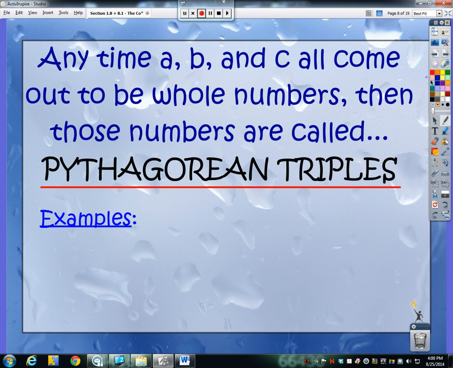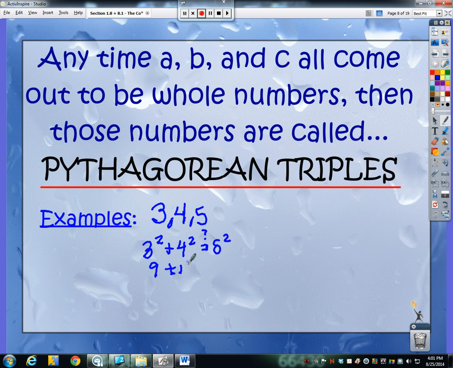Now, I'm going to give you some examples of the most common Pythagorean triples you will run into in class. The smallest Pythagorean triple is a 3, 4, 5, where maybe 3 is A, 4 is B, but 5 definitely must be C. And you can just test it out real quick. Is 3 squared plus 4 squared really, in fact, equal to 5 squared?